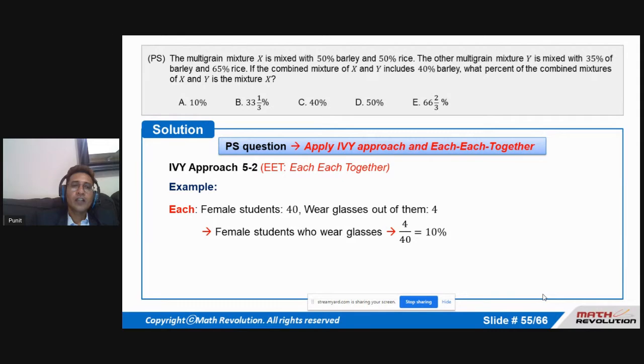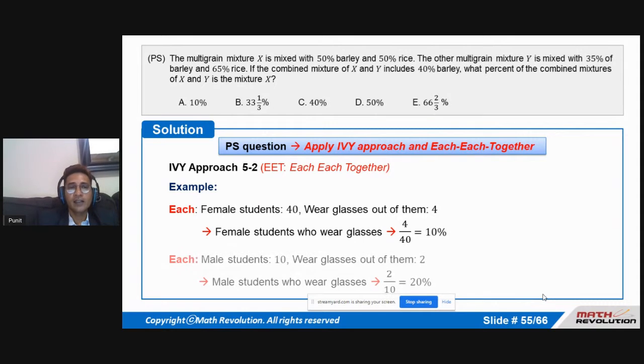Let's talk about one of the each and together examples that we have done. I'll go quick and fast on it because we have already done this example. Female students 40, we had a wear out of 4. Male students were 10, out of which 2 students are wearing glasses. That becomes 2 over 10, that is 20%.